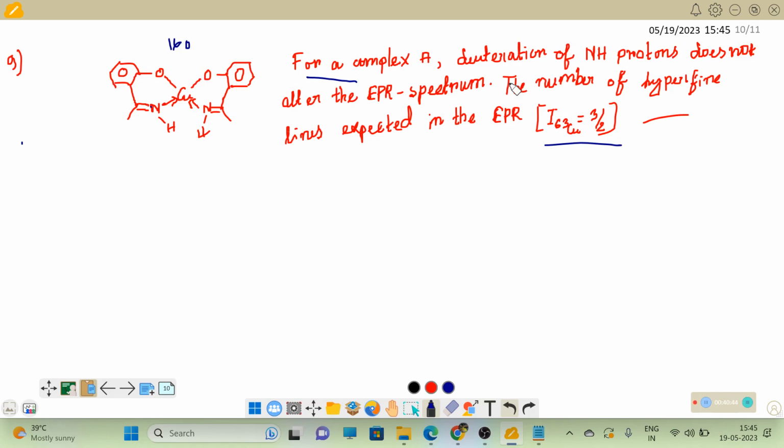But they already mentioned here that NH protons do not alter the EPR spectrum. So they want to know the number of hyperfine lines expected in the EPR.